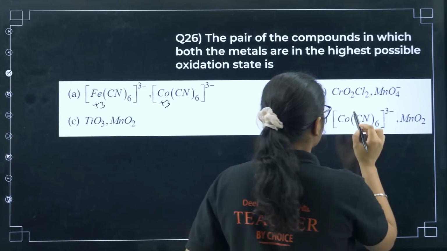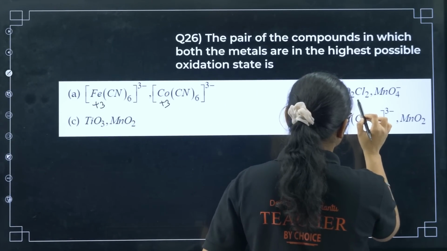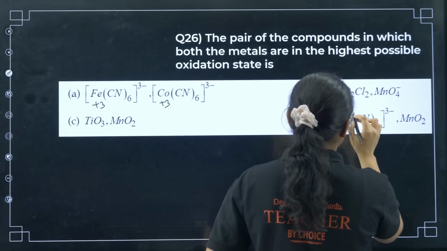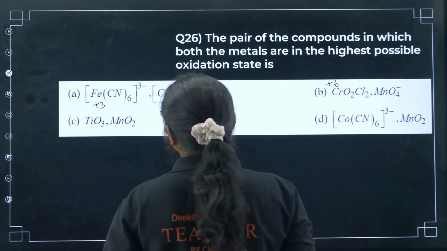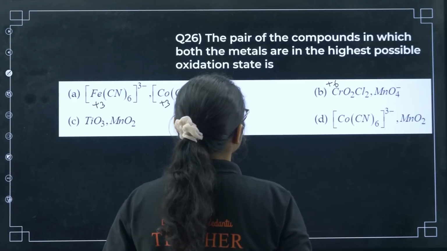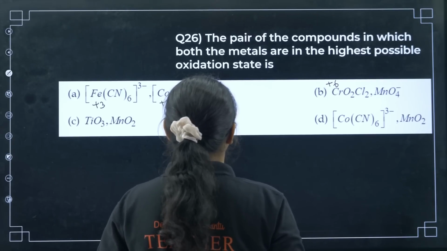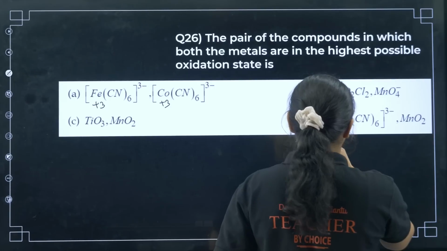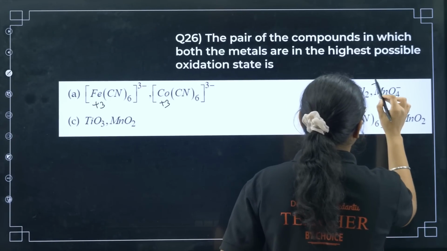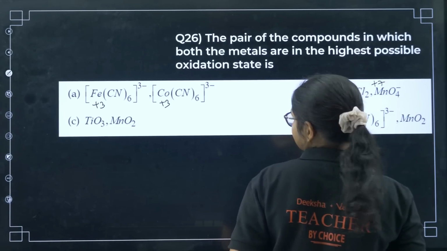Here if I check, chromium is in +6 state, the compound in which both the metals are in the highest possible oxidation state. Highest possible oxidation state we have to find, right? And MnO4 is in +7 state.